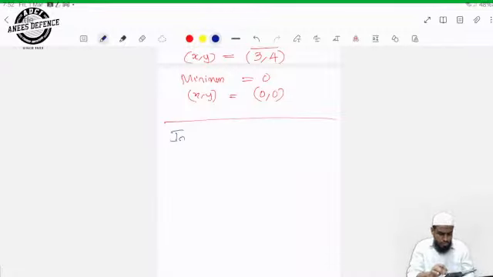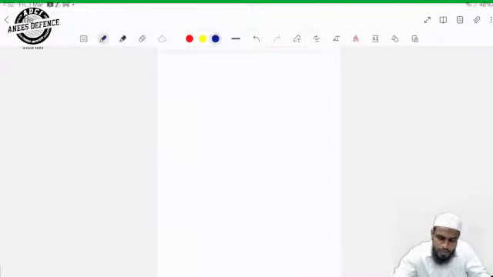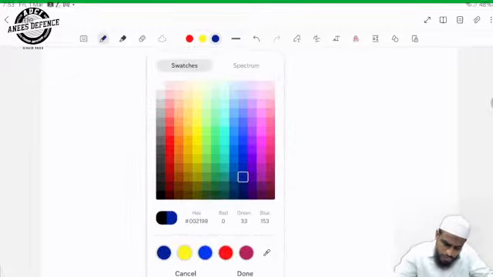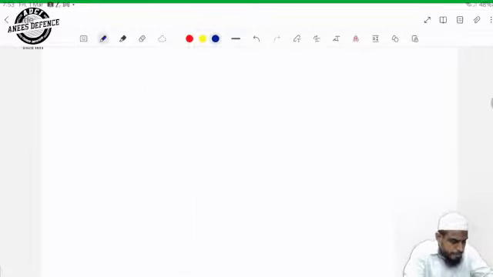I will show you with one already done question. I will give you the final points. Here our question is z equal to 5x plus 2y.